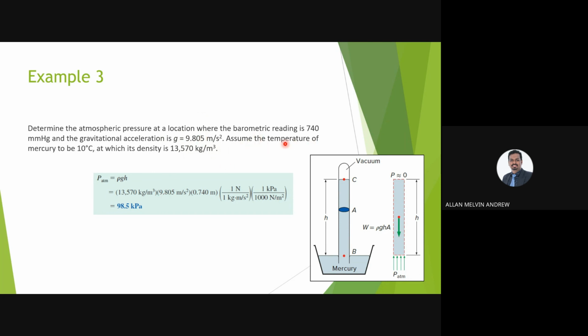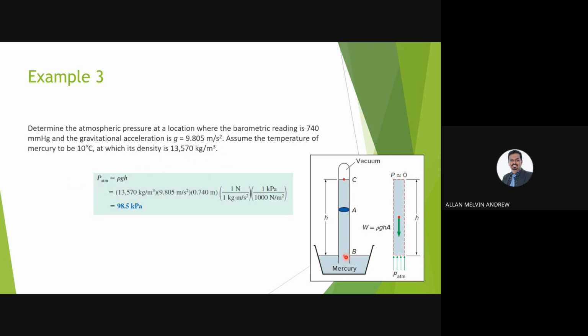Assume the temperature of the mercury is 10 degrees Celsius, at which its density is 13,570 kilogram per meter cube. So all the values are given. This formula was given in the lecture notes earlier.